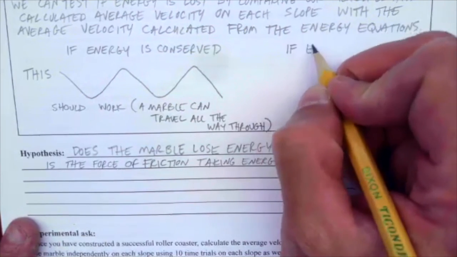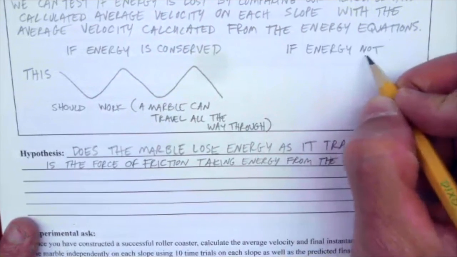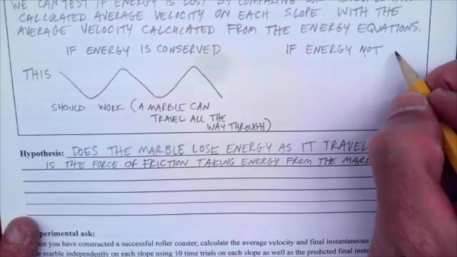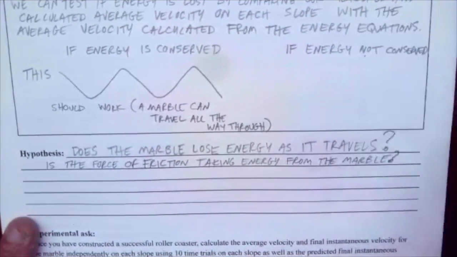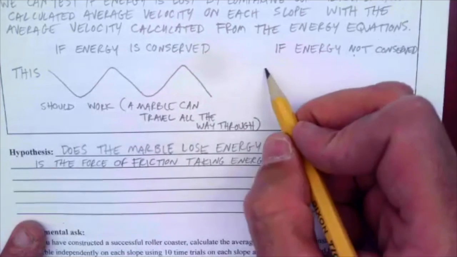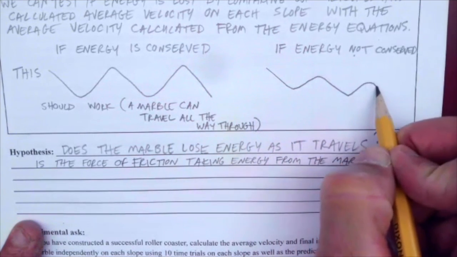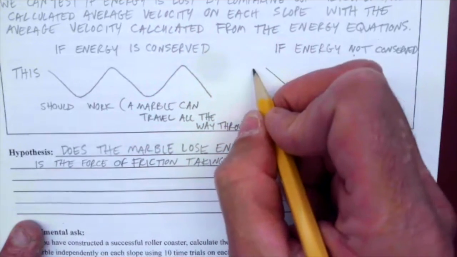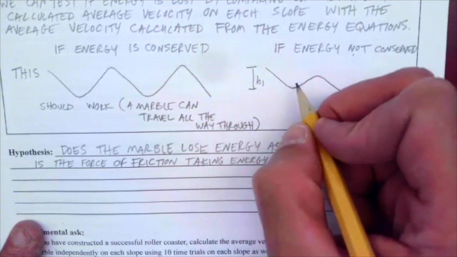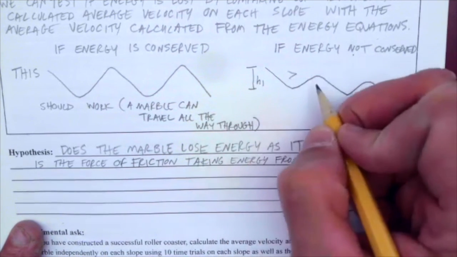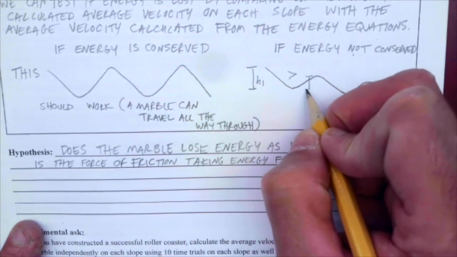If energy is not conserved, then H1 has to be greater than HA.